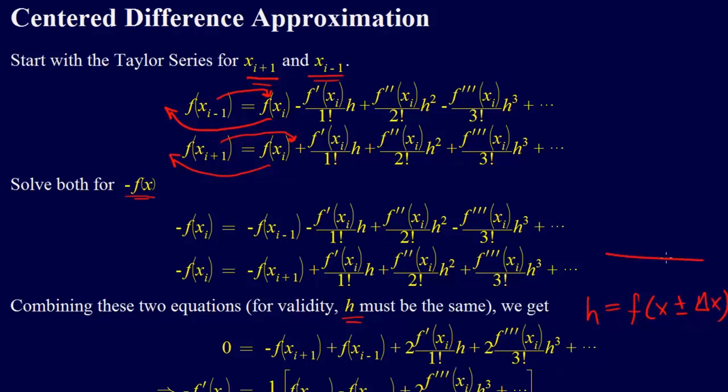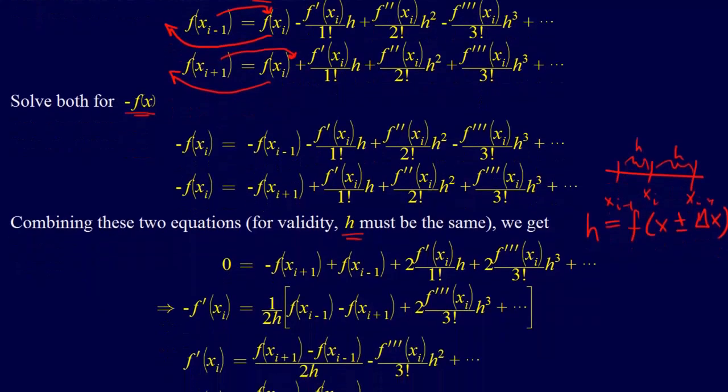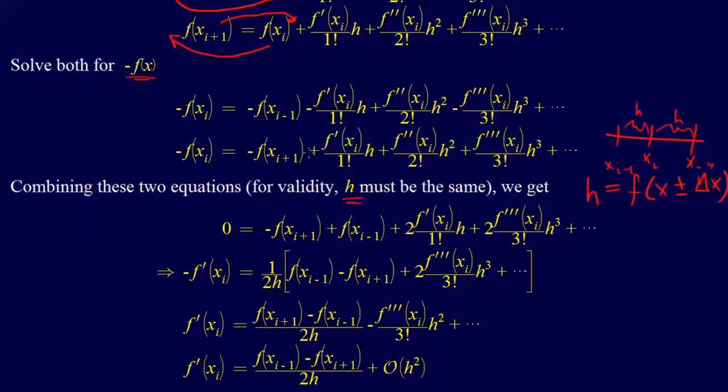If you remember the number line we had, xi plus 1, xi minus 1, this is our h, and this is our other h, and so those have to be the same. If those aren't the same, when we do this step and combine these two equations, it's not going to be valid, and so that's why we have to have an equal step size for this. So this method is for equal step size. So when we combine these, then we get this equation.